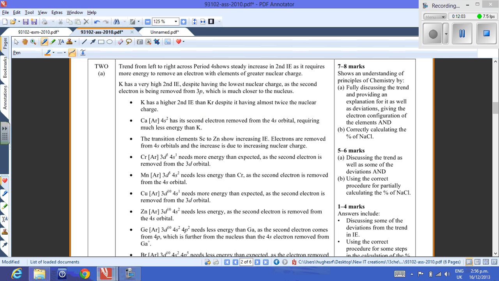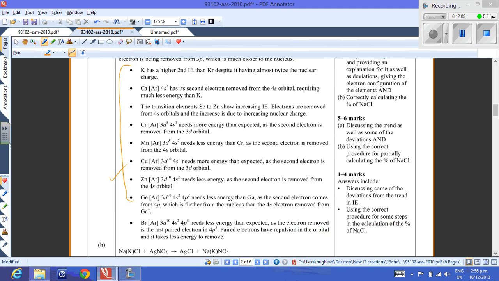So we've done everything here. We've done all of these. And just for the remainder, okay, germanium we didn't do. Germanium has the electron configuration, everything as far as argon, 4s2, 4p2. It needs less energy than gallium, because gallium there, if we just write it, was everything as far as argon, 3d10 4s2.